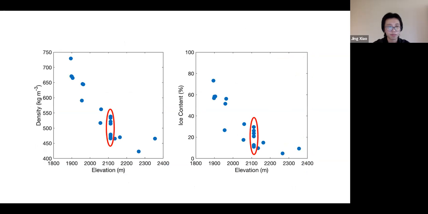Lastly, I also compared the statistics of these 9 I2 cores with the cores from all the other 13 sites. So here the red circles show the I2 cores. And the x-axis is elevation, which also corresponds to the different sites.